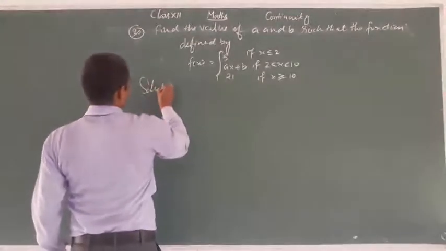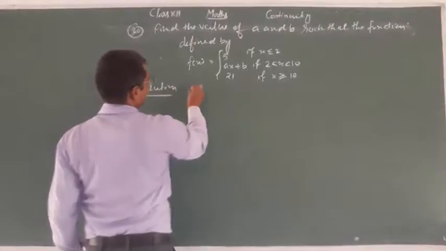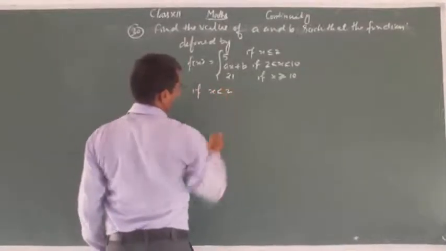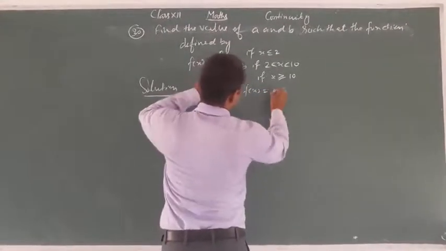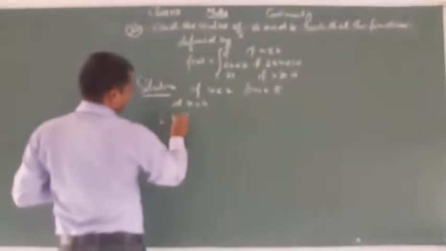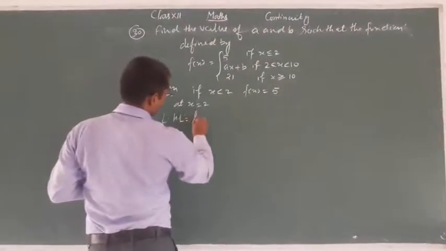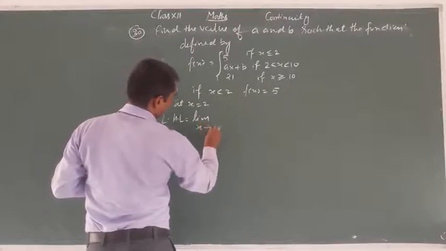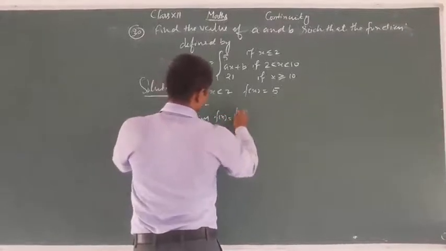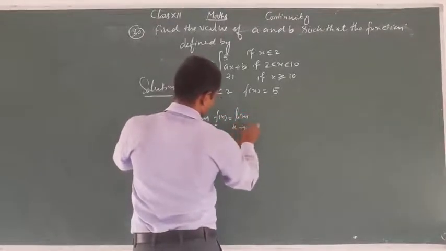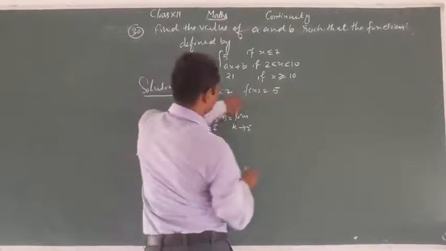Now, the solution of this question. If x is less than 2, the function f(x) is equal to 5 at the point x equals 2. So the left hand limit, limit x tends to 2 from the left of f(x), is equal to 5.